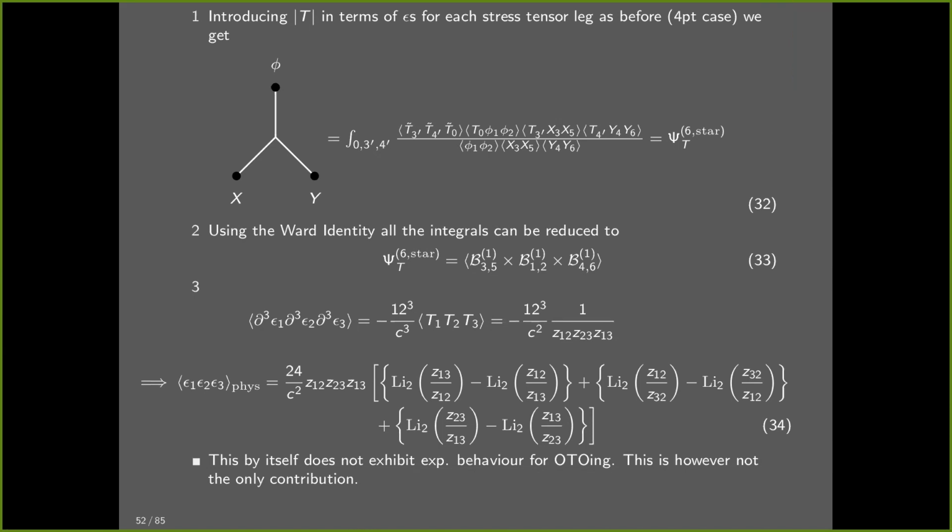But if you have a 2n-point function, you can have many ways of out of time ordering. There is one way of out of time ordering which is called the braided out of time ordering, which basically means that you arrange all the pairs on a line, and the nearest neighbors are out of time ordered. I see. Yeah, you can have many orderings in the 6-point function, but this is the simplest.